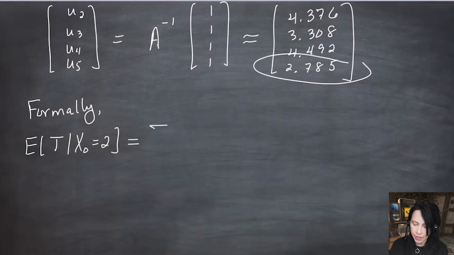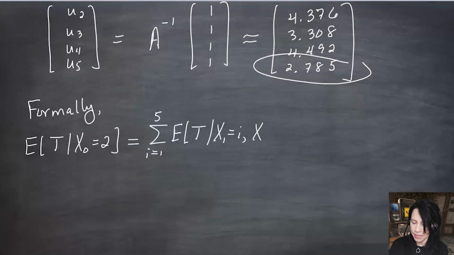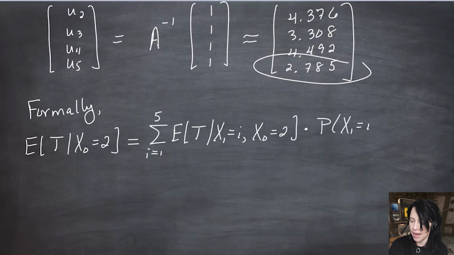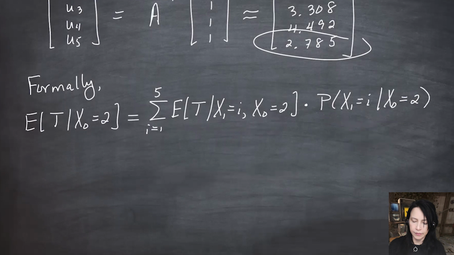So this is going to be the sum as i goes from 1 to 5 of the expected value of t, given x1 is i and x0 is 2, times the probability that x1 is i, given x0 is 2.